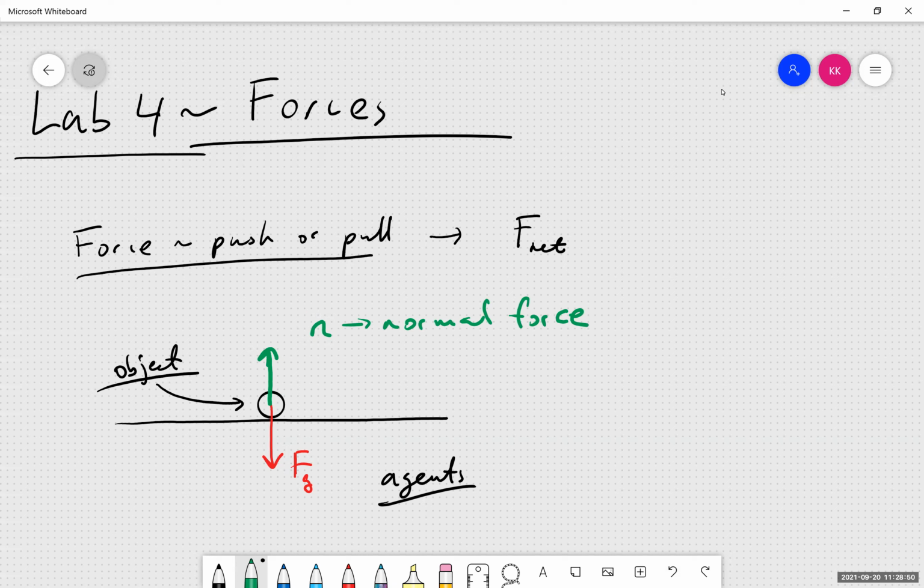Now, this net force is going to be equal to the gravitational force and the normal force together. But forces are vectors. So forces are what we call vectors. And a vector is a directional quantity.